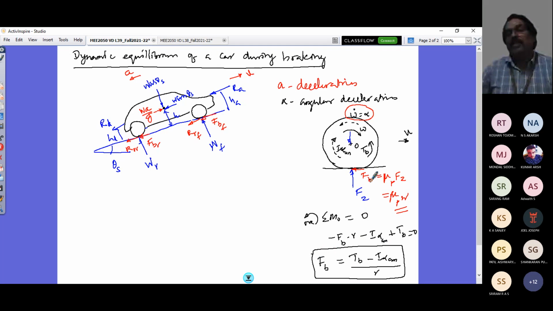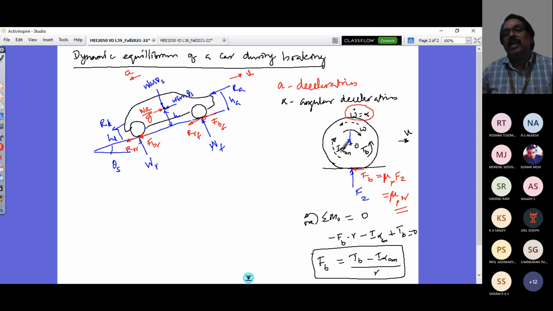When this braking force reaches the maximum value FB max, that is the point of mu p approaching mu s, which is the skidding point, referring to the locking point. But now this is not the locking scenario.